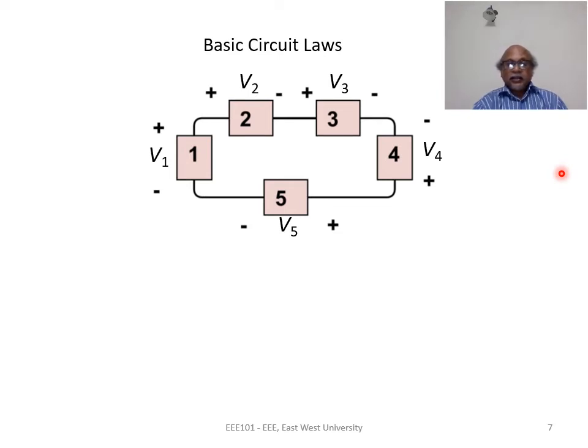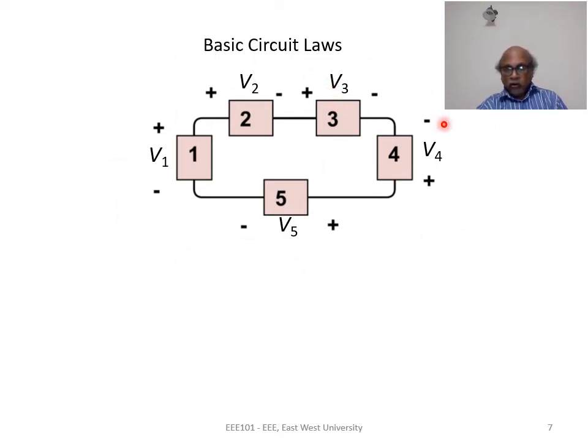According to KVL, the algebraic sum of all the voltage drops around this loop is 0. We can travel this loop in two possible ways, either in the clockwise direction or in the counterclockwise direction. For simplicity, we choose to go in the clockwise direction.